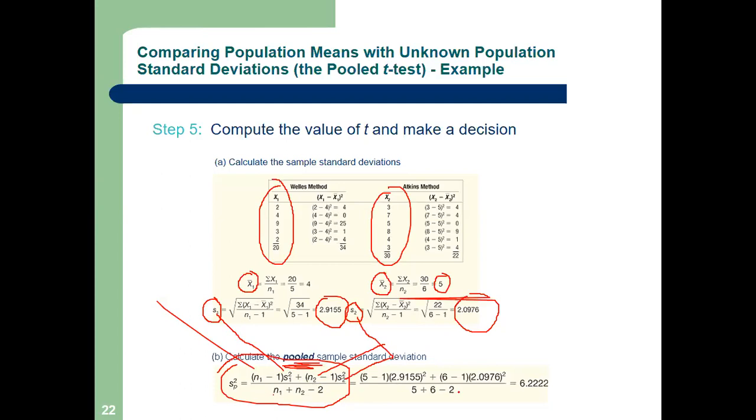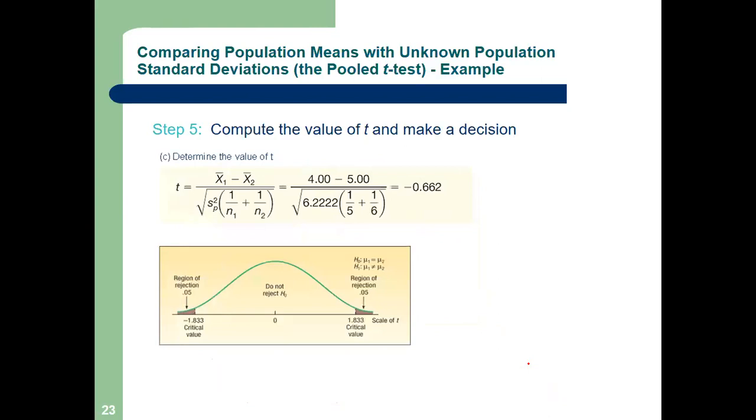If you calculate this, Sp square is 6.222. So we got the pooled standard deviation.